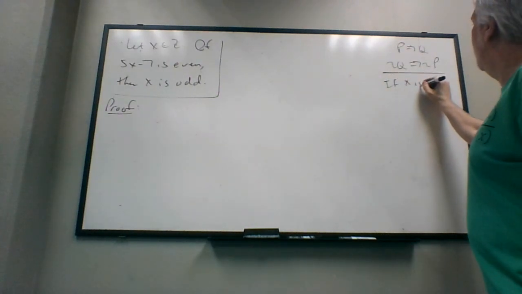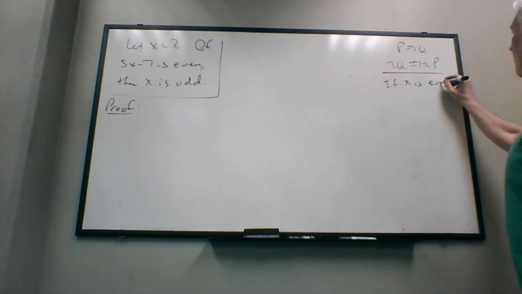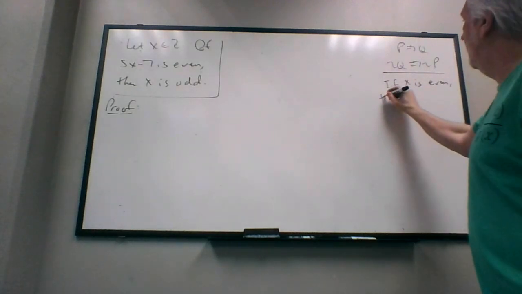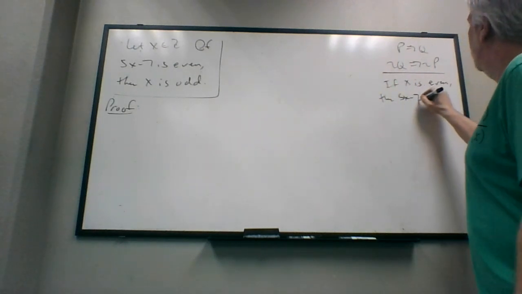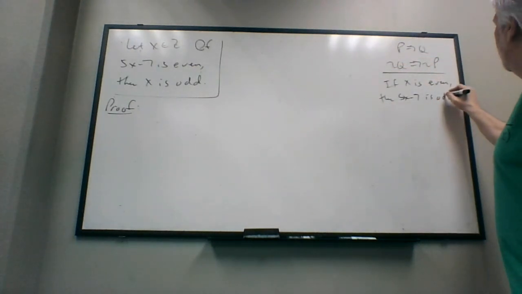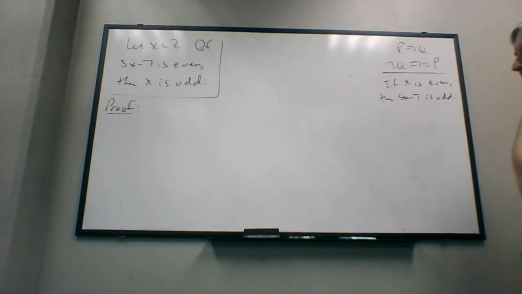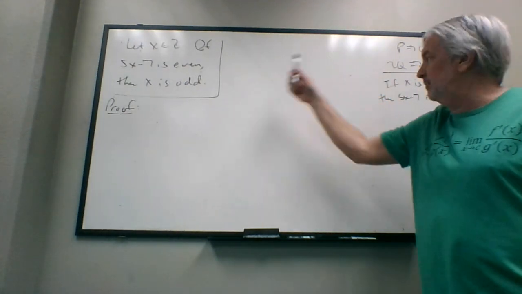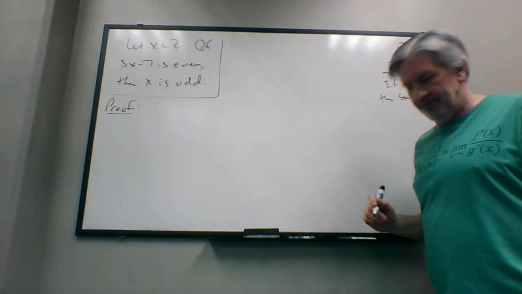If x is not odd, so even, again, we're talking about integers, every integer is either even or odd, then 5x minus 7 is not P, so 5x minus 7 is odd. So if x is even, 5x minus 7 is odd. This statement right here is equivalent to this statement right here. So if you prove this, we've proven that.